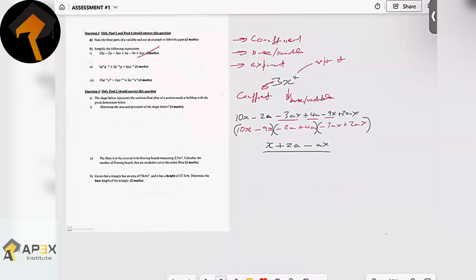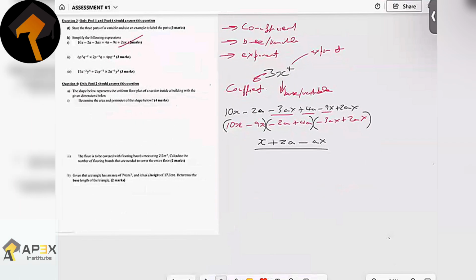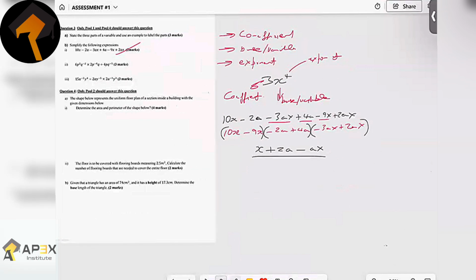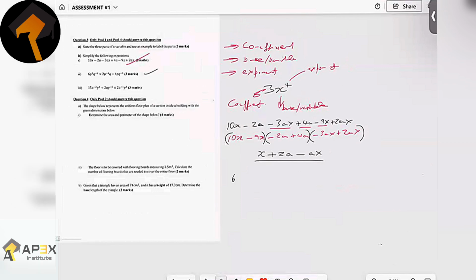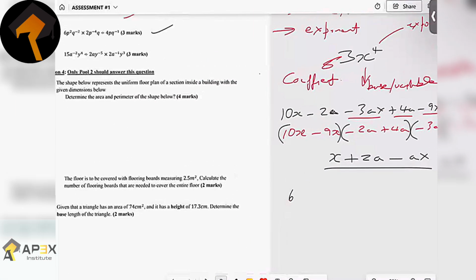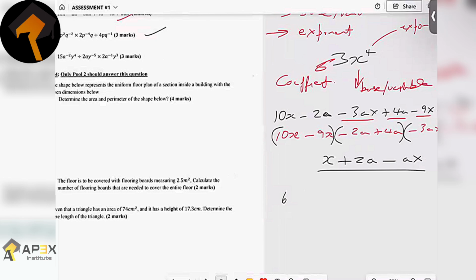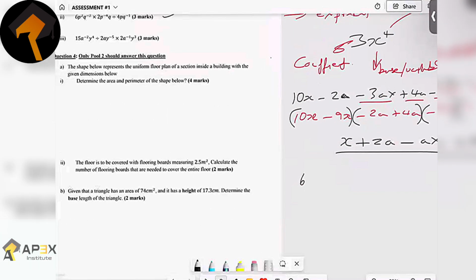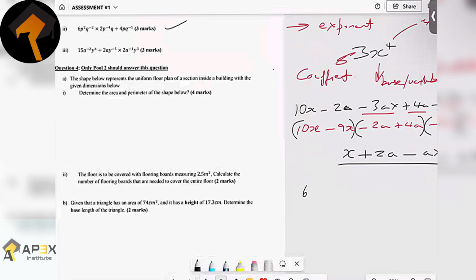Getting to the most interesting part of the question, we're going to be looking at this question here. Give me a sec. So we have 6p. Let's get this here. Oops, pardon me. Here we go, guys. I don't know why my screen is jumping, guys. Forgive me.